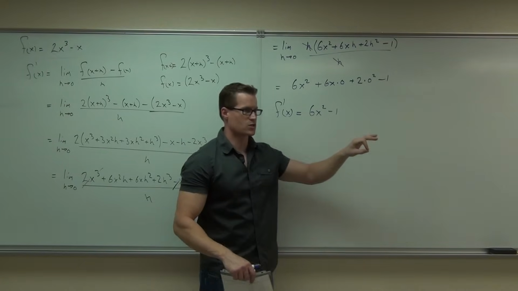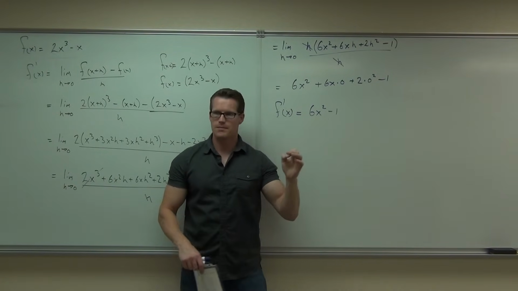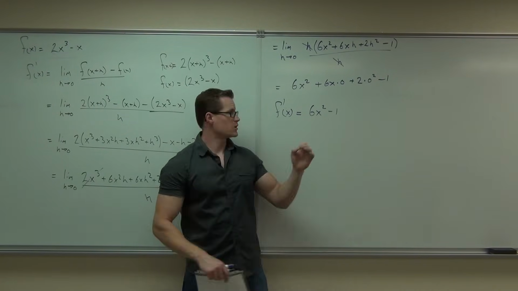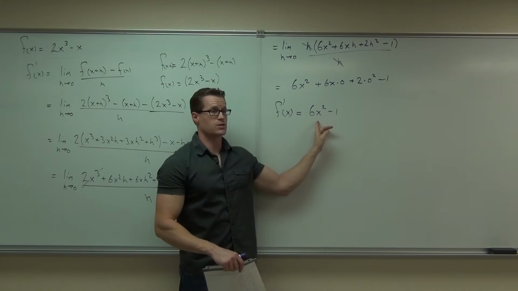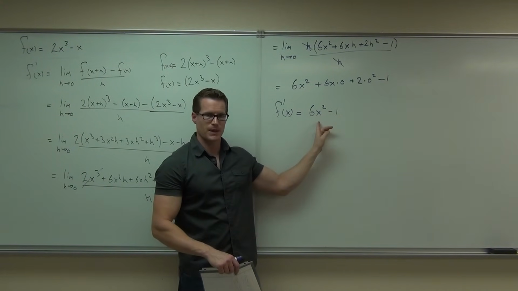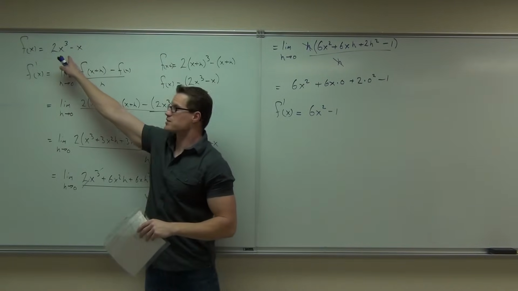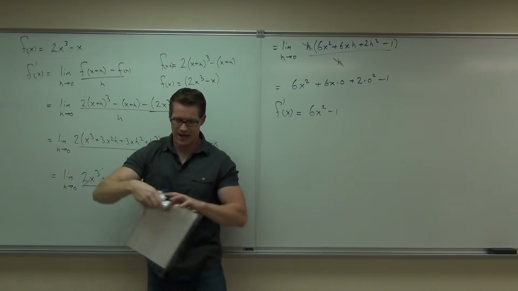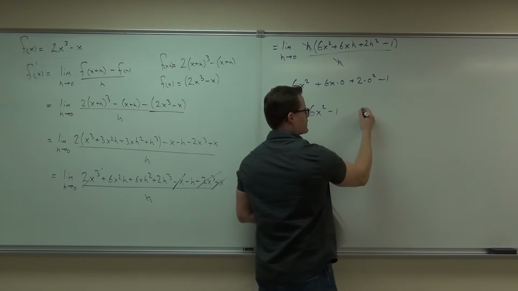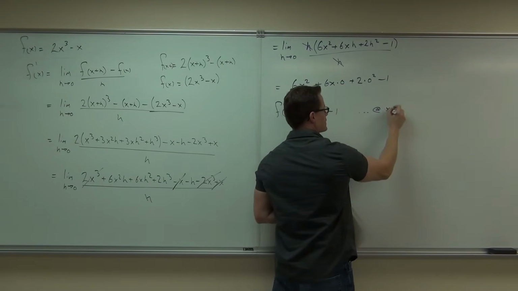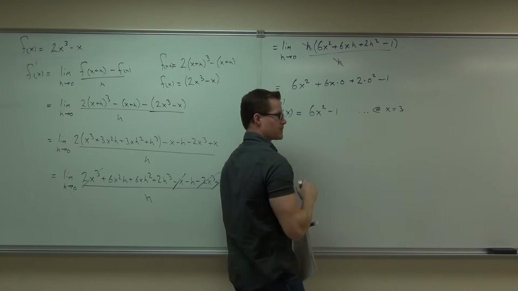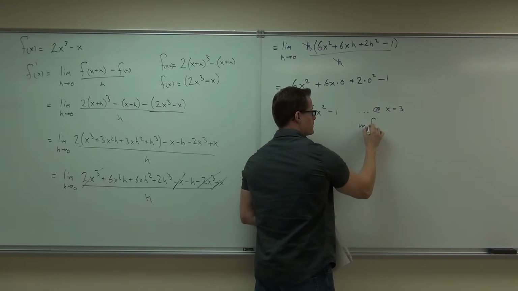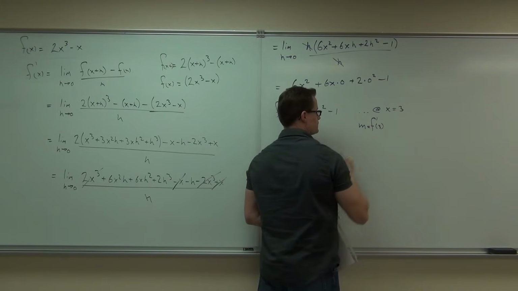If I said find it at x equals 3, how would you go about doing that? You'd plug in 3 to this. That's going to give you the slope, just the slope. Are you with me? You'd plug in 3 to this to actually find the point. So if I ask you find the equation at x equals 3, the slope is going to be f prime of 3.